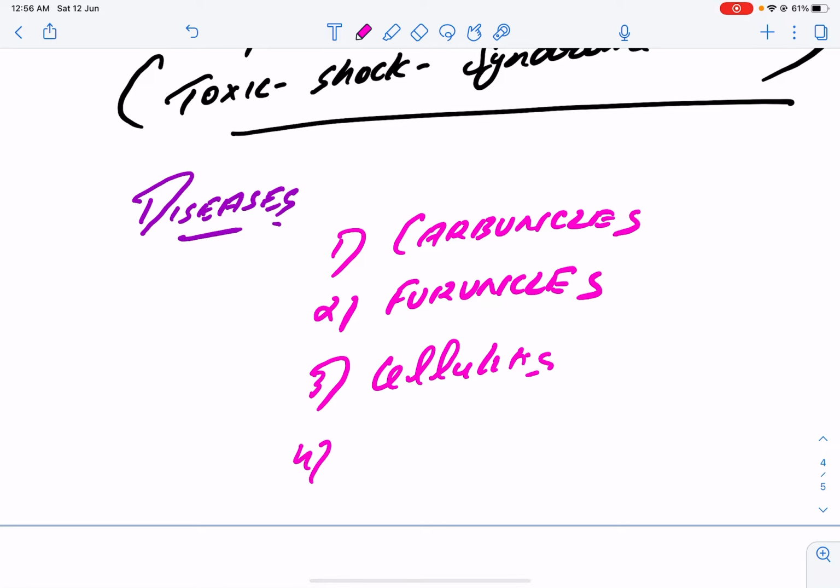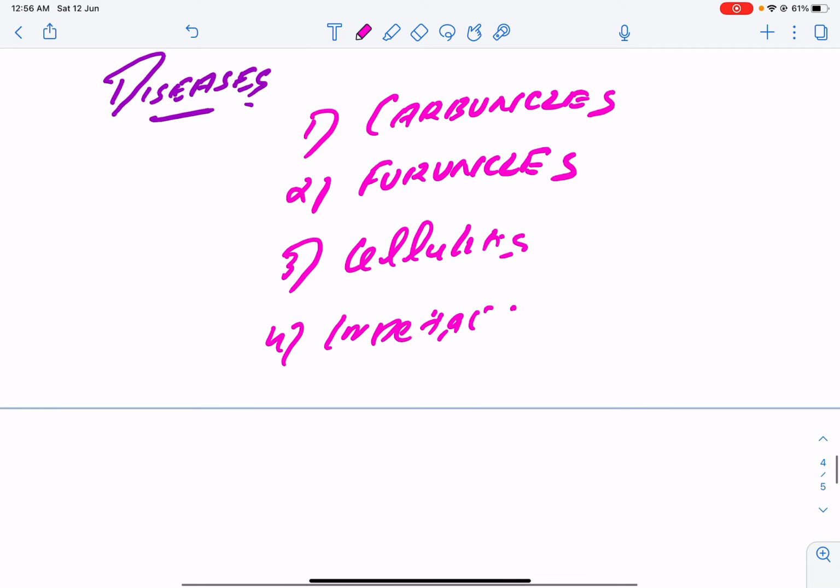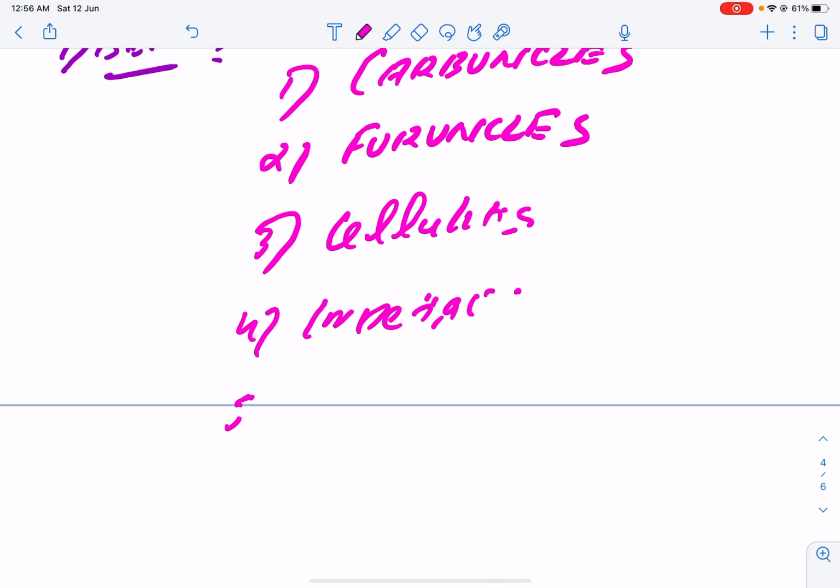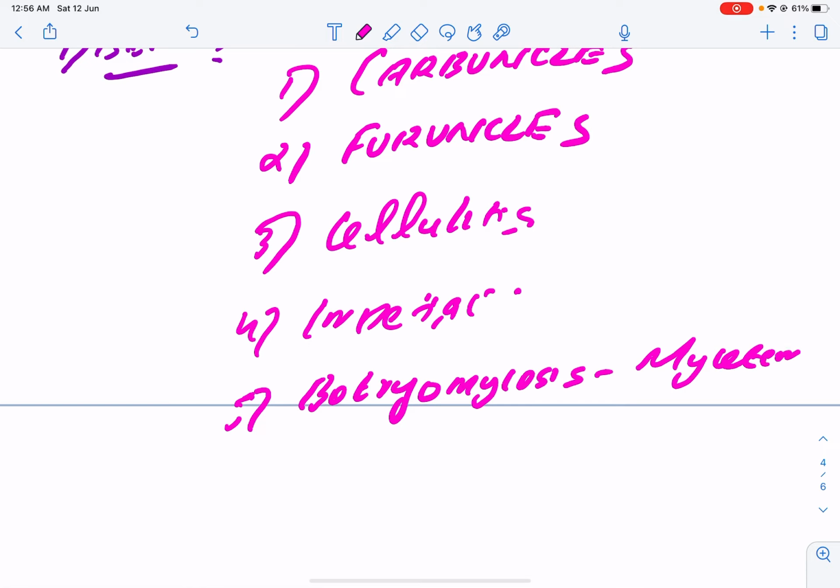They can cause impetigo. They can cause something called botryomycosis, like a mycetoma-like lesion. This bacteria can cause nematocele.